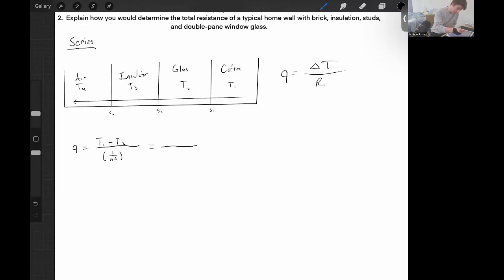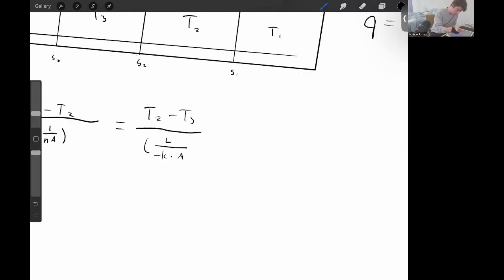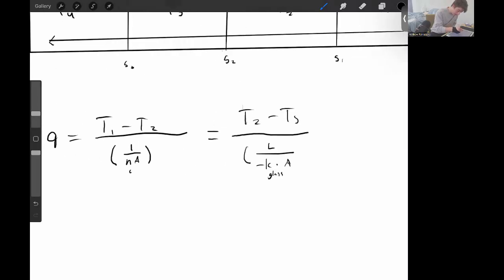Let's do the same thing for the glass. We have T2 minus T3, and this is the length over the thermal conductivity times the area, and this is the thermal conductivity of glass. I actually forgot to add, this is H of coffee.